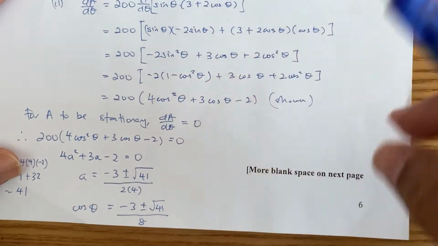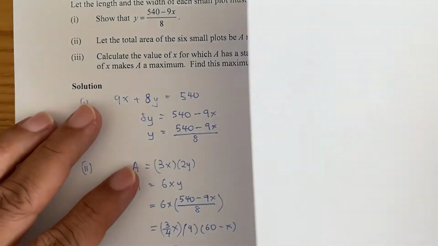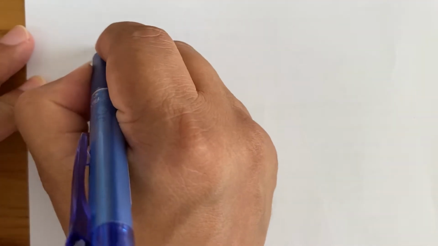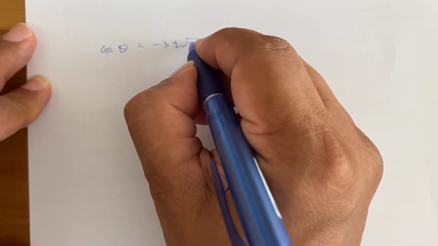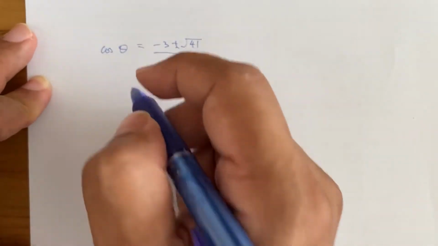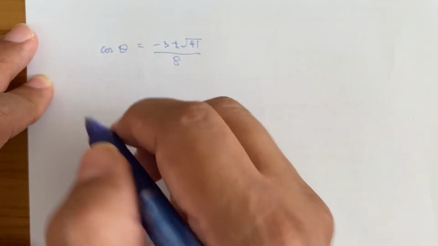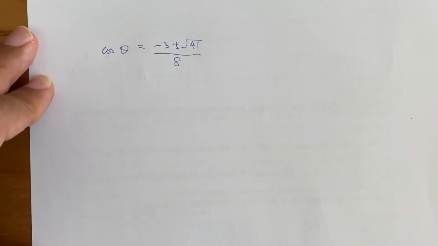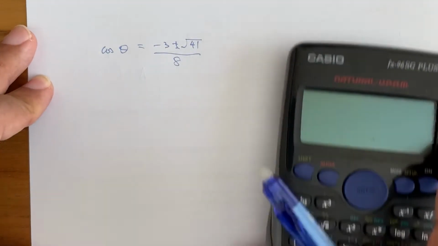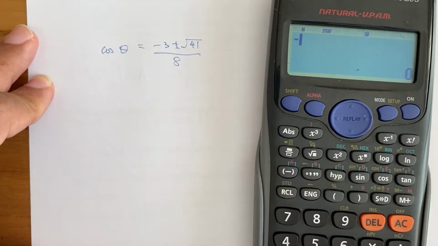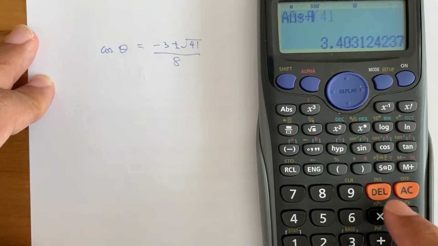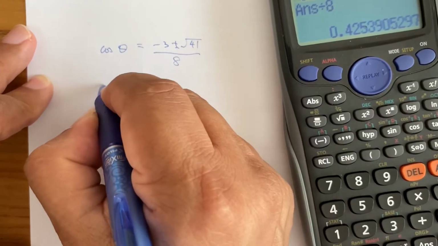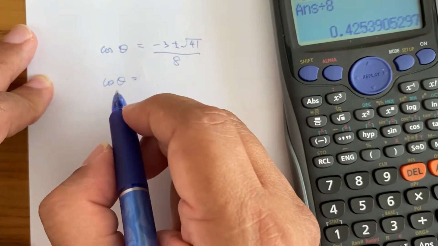Again, cos θ equals (-3 ± √41)/8. Now if I check the value, -3 plus square root 41, divided by 8, I will have cos θ is 0.42539.